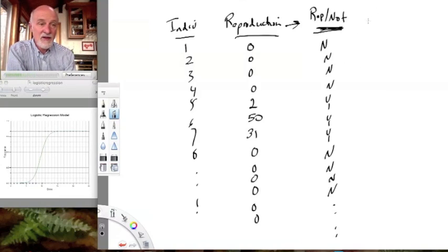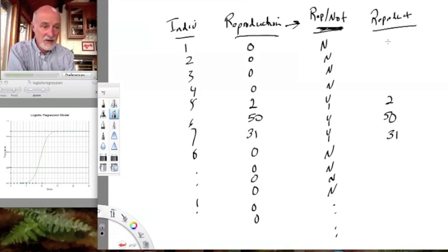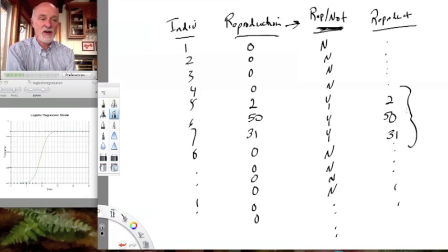And then for the reproductive individuals, you can do a separate analysis where you just include reproductive individuals and you put missing data in for the others because they're irrelevant. And then oftentimes you can do transformations on just the remaining reproductive individuals.